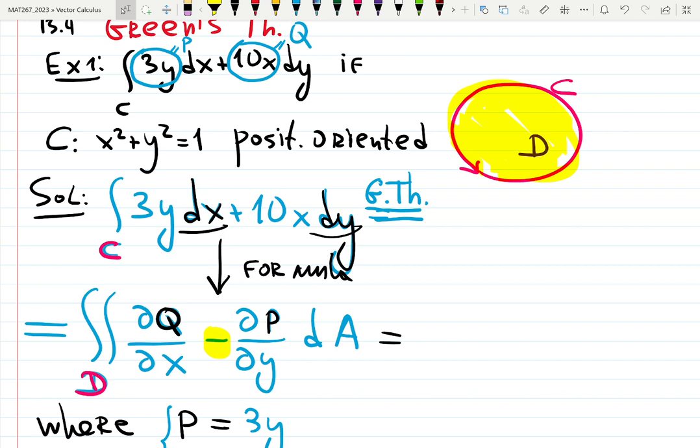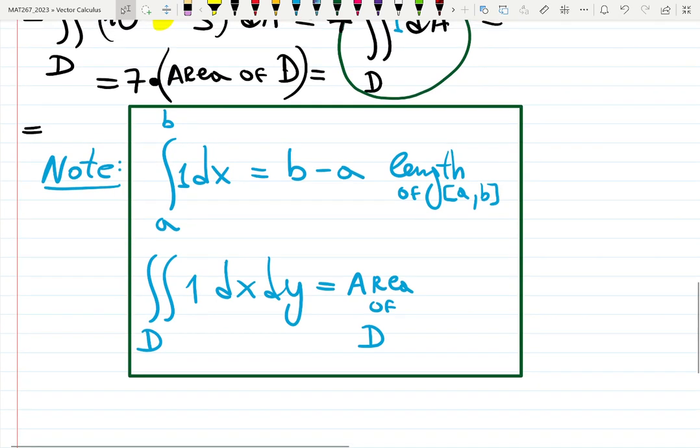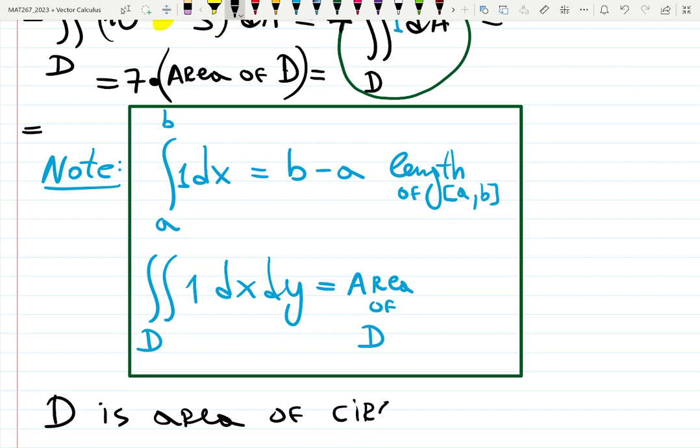So what is that? Pi r squared. Do you agree? What is my r then? So let me go here. D is the area of the circle, right?